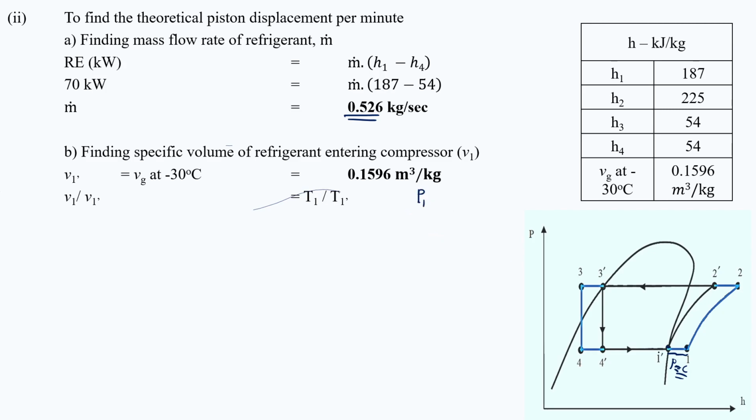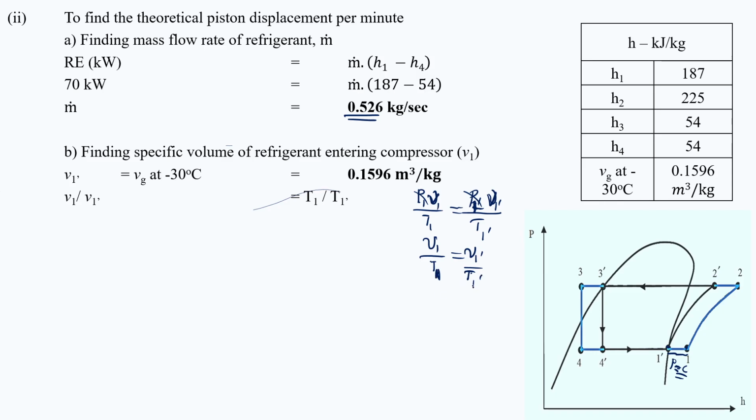That is the relation between 1 dash and 1: P1 V1 by T1 can be written as P1 dash V1 dash by T1 dash, where we take volume as specific volume. We know at P1 and P1 dash both the pressures are same, so we can write V1 by T1 as V1 dash by T1 dash.